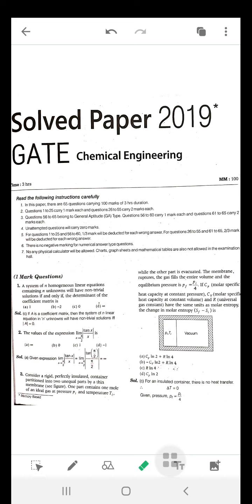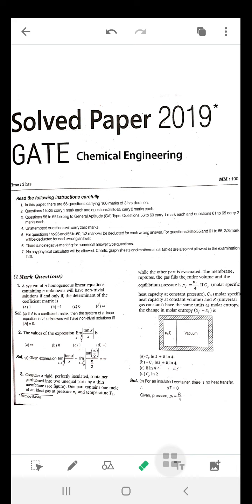Now consider the third question, which is a little bit tricky, in which we use concept and formula both. The question is: consider a rigid perfectly insulated container partitioned into two equal parts by a thin membrane. One part contains 1 mole of ideal gas at pressure Pi and temperature Ti, while the other part is evacuated.